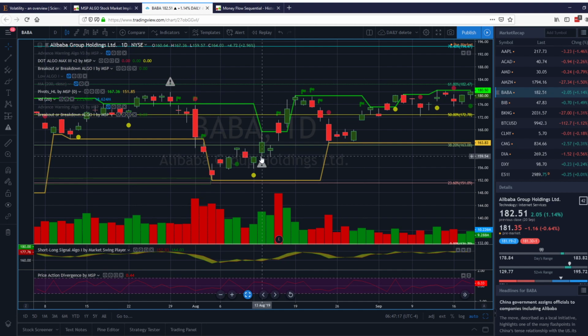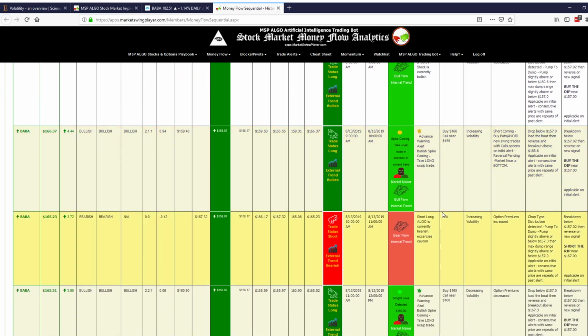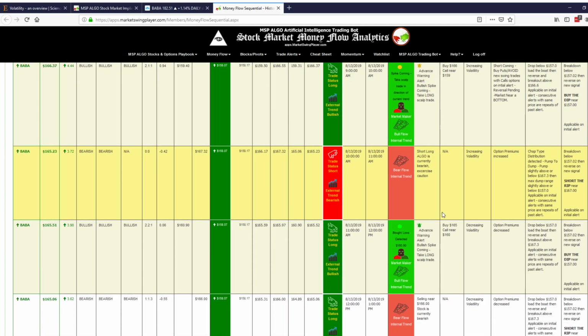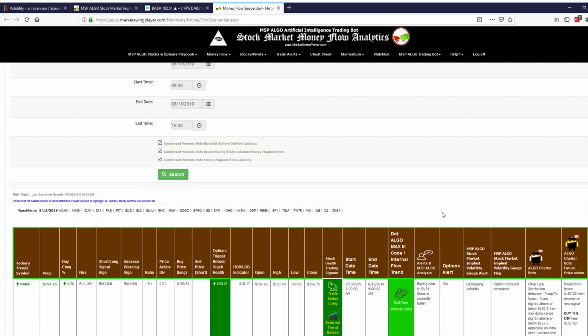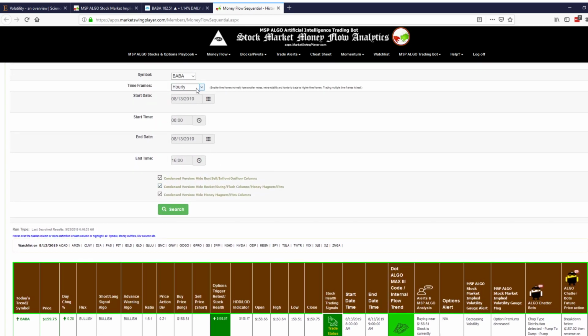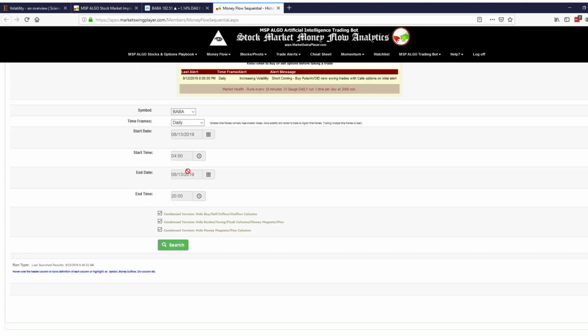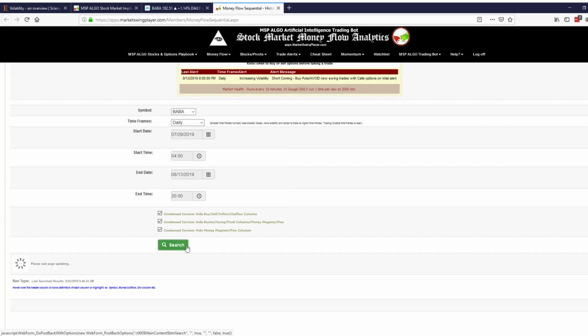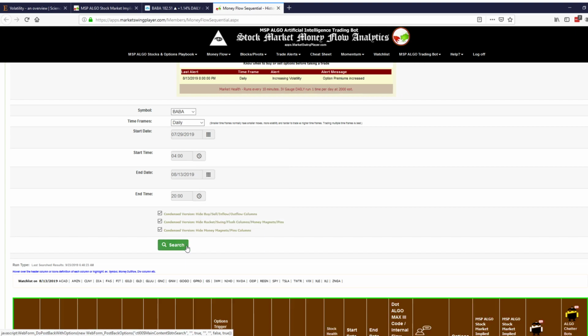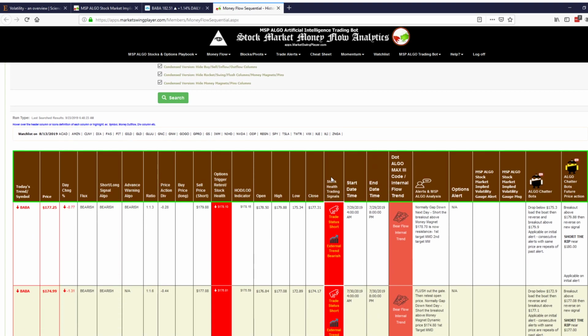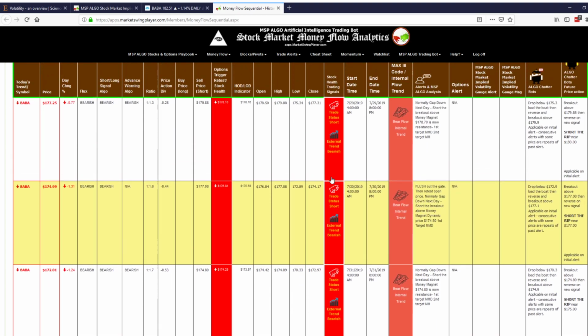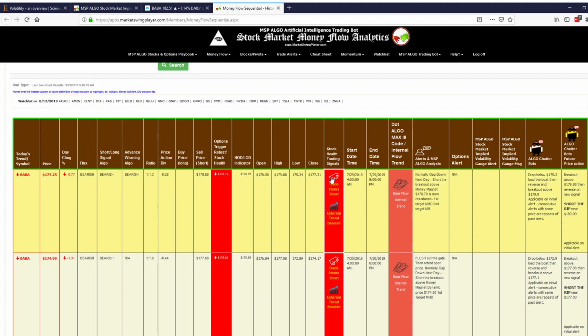So we decided we were going to get in, and we saw that this is the intraday version. Another thing I could have done is just go to the daily version, okay? So I'll go back a little bit in time. This is the swing trader's time frame, and you could gauge what was going on from a swing trader's perspective.